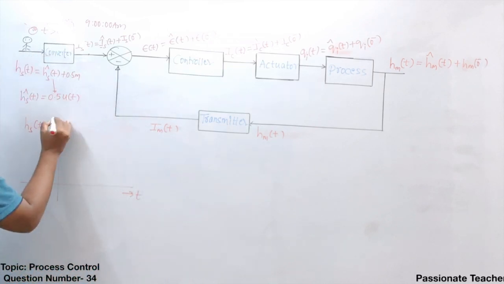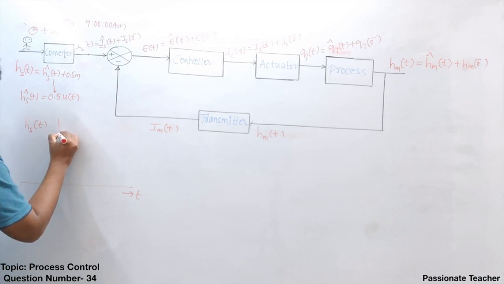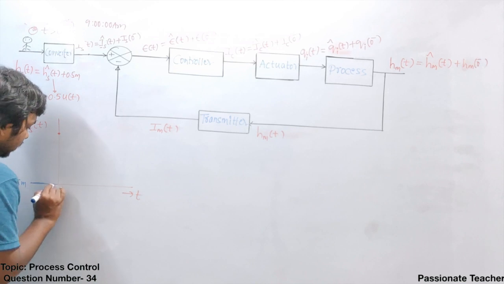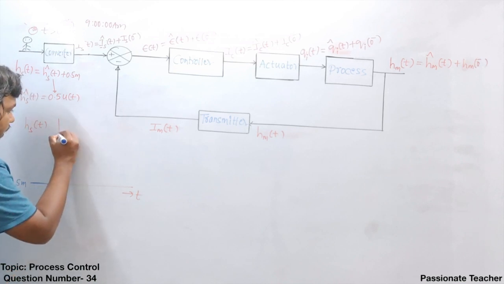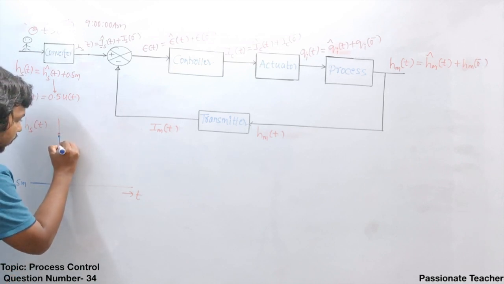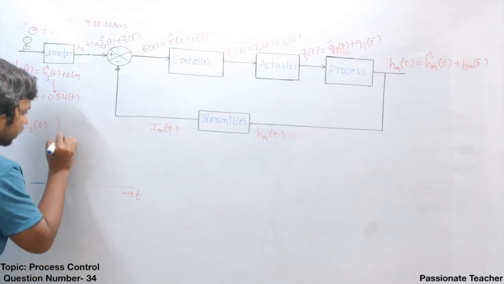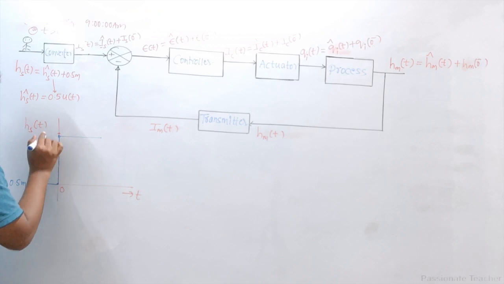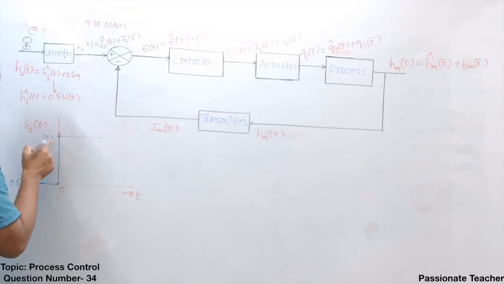T, right? So t equal to 0, and just before 0 the water level was very well established, and this is going to be 0.5 meter here, right? Just before 0. Now exactly at 0 we have applied a change in the set point, and we expect this to be 1 meter, right?